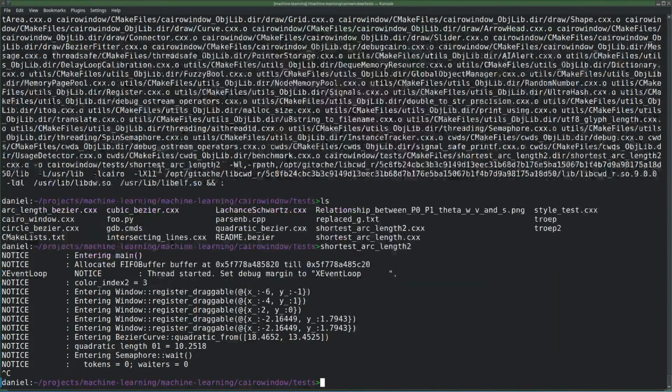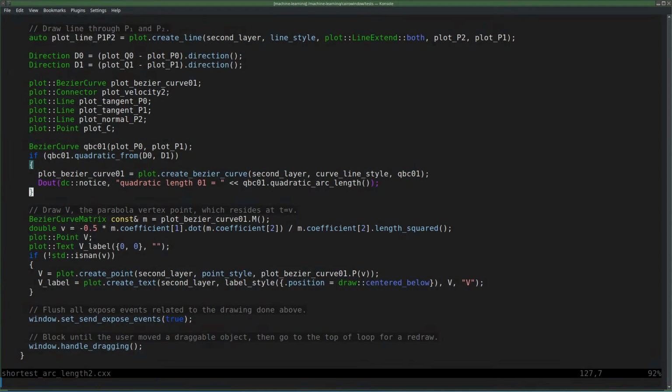I'm also not drawing a point. It's a bit hard to drag that. Not drawing a point. Of course I should draw a point. Something is wrong. Let's draw circles anyway. Create a circle.